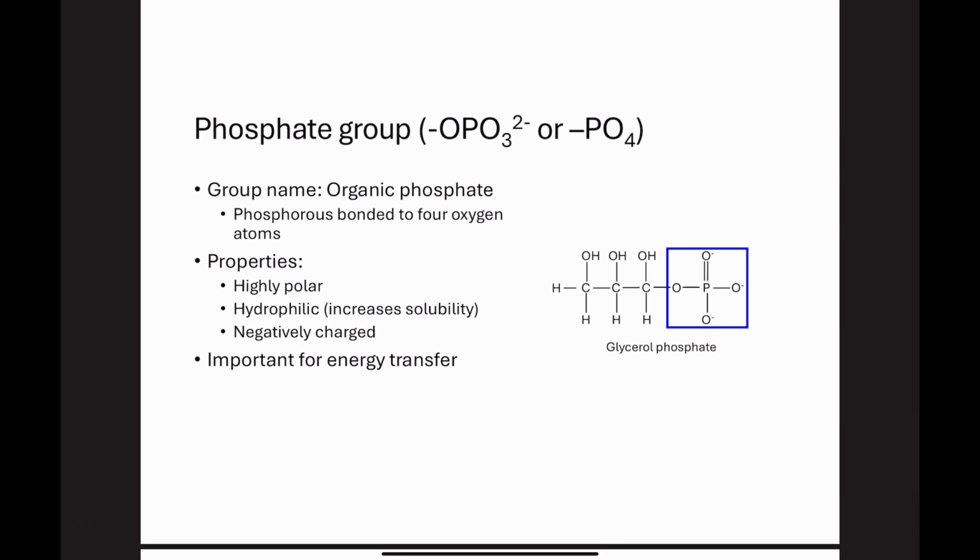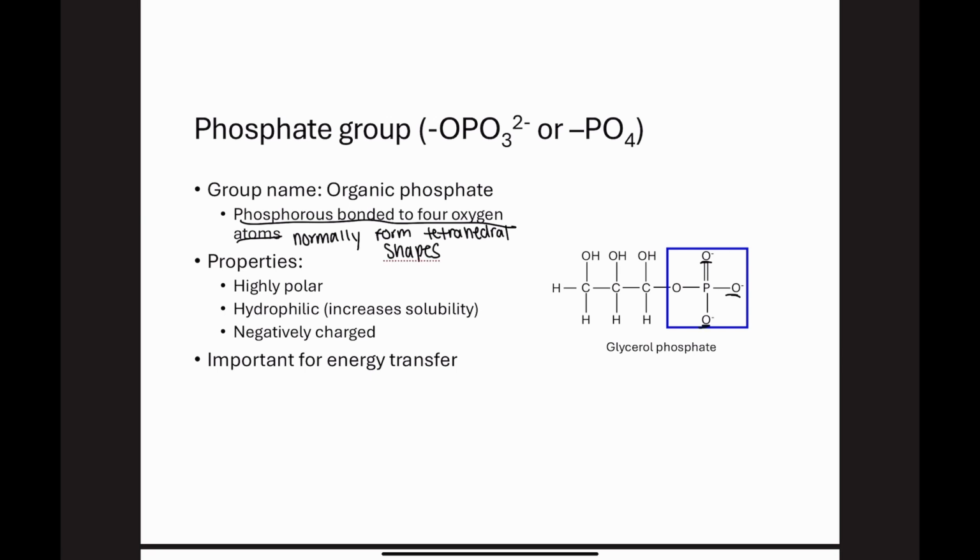And the phosphate group consists of a phosphorus atom that is bonded to 4 oxygen atoms. And these typically form a tetrahedral shape. And our phosphate group is actually negatively charged because we have 3 oxygen atoms that carry negative charges.